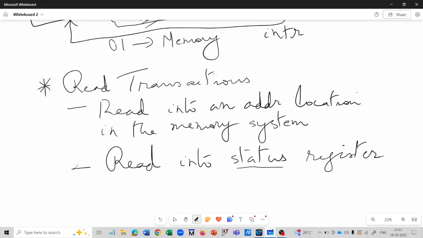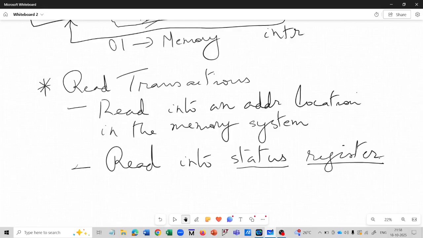So why does the processor want to read the status register? It wants to read the status register to determine whether the transaction that was initiated previously by the processor has completed successfully or not. So by determining whether some specific bits in the status register are set or some other bits are set, the successful completion of the read transaction from the memory system can be determined.